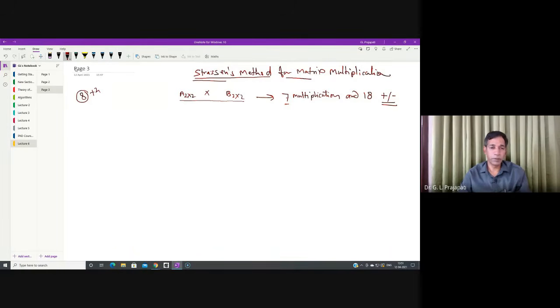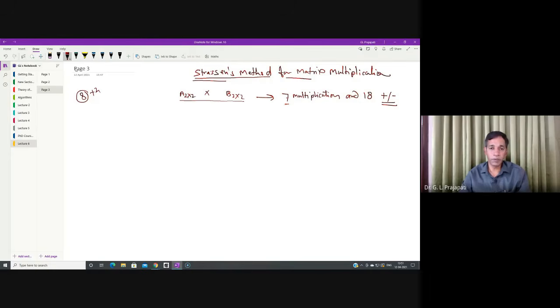And you may say that, okay, it is not a significant improvement. But when n is small, this is not significant, but when n tends to infinity, if the dimension is very large, then with the help of Strassen's methodology, if you multiply the matrices, it will take less time as compared with the brute force method.